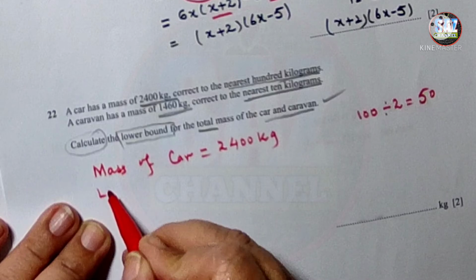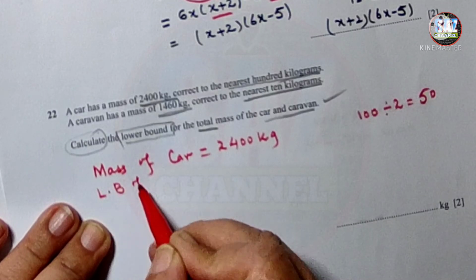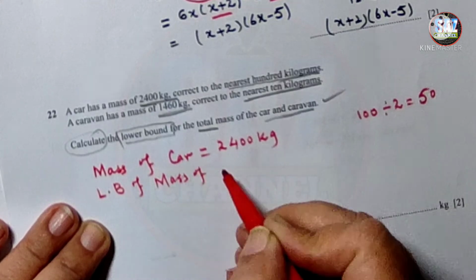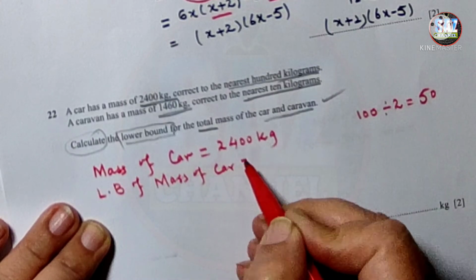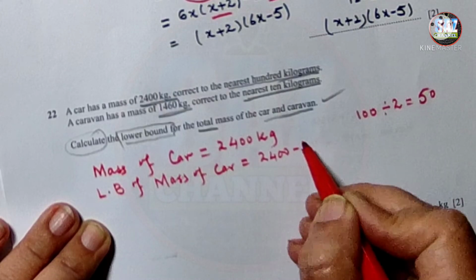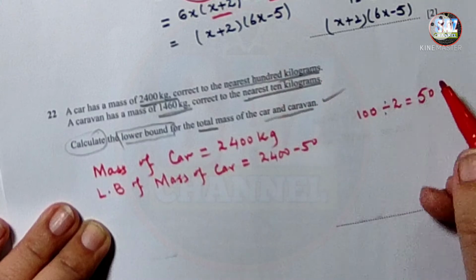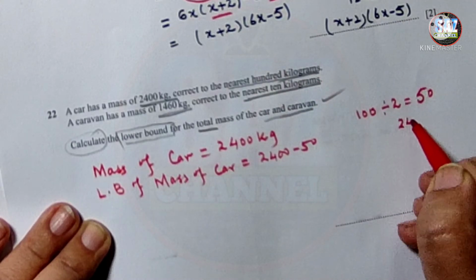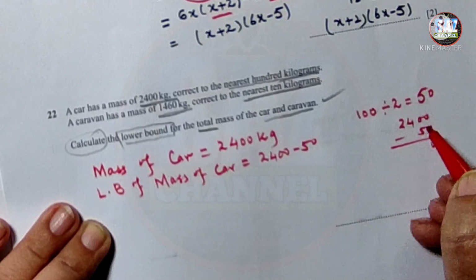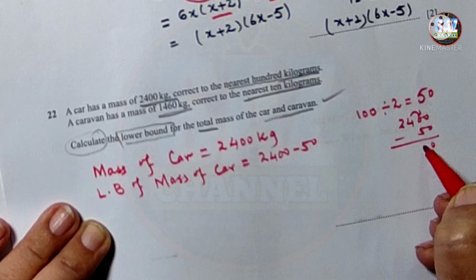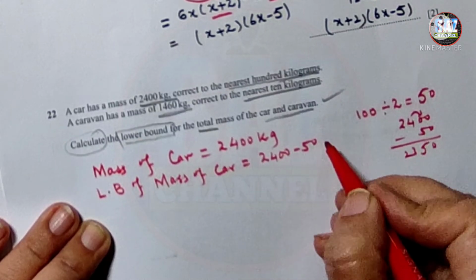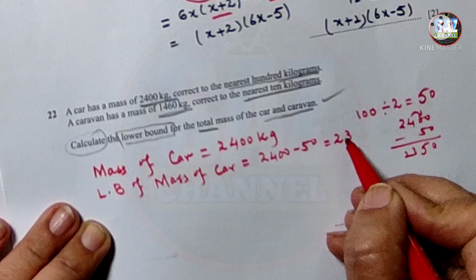So the lower bound of the mass of the car is 2400 - 50, and this gives me 2350.